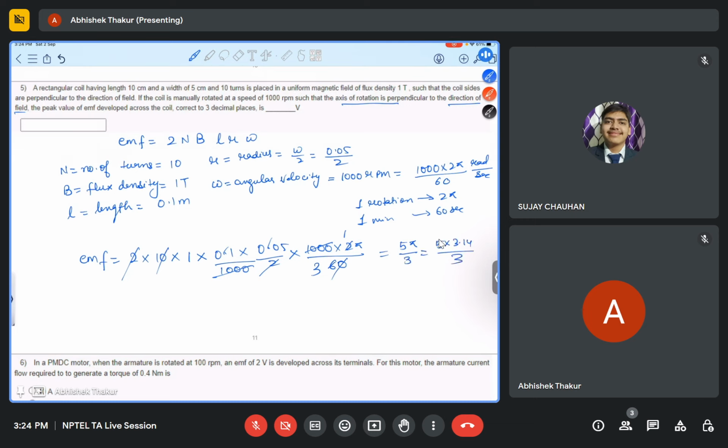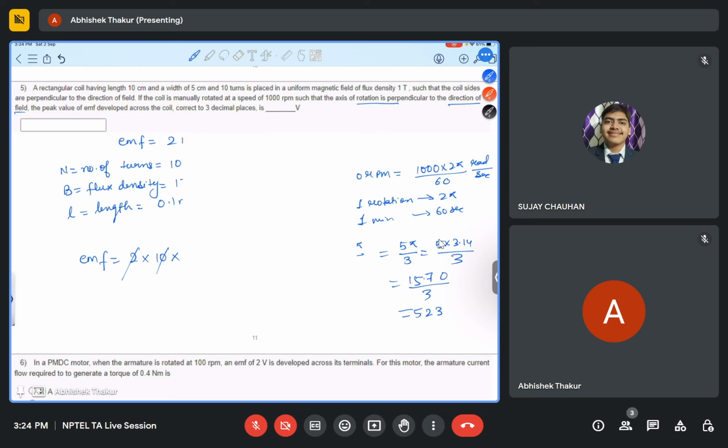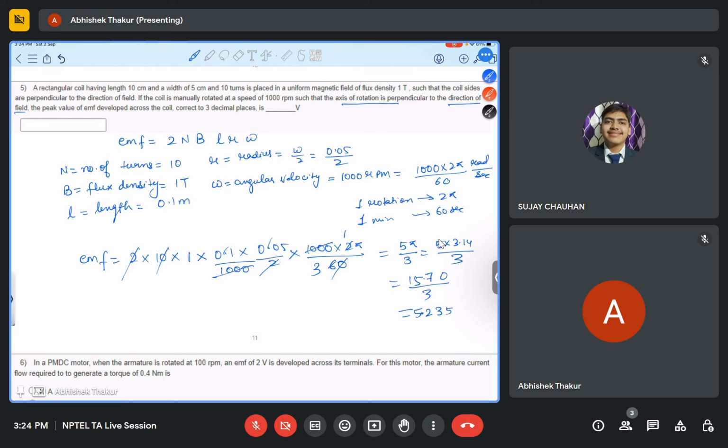Let's substitute the value of pi as this. We'll get 5.233.